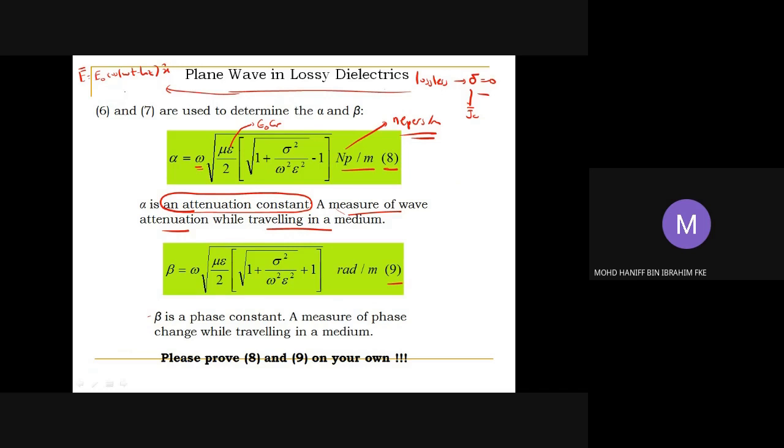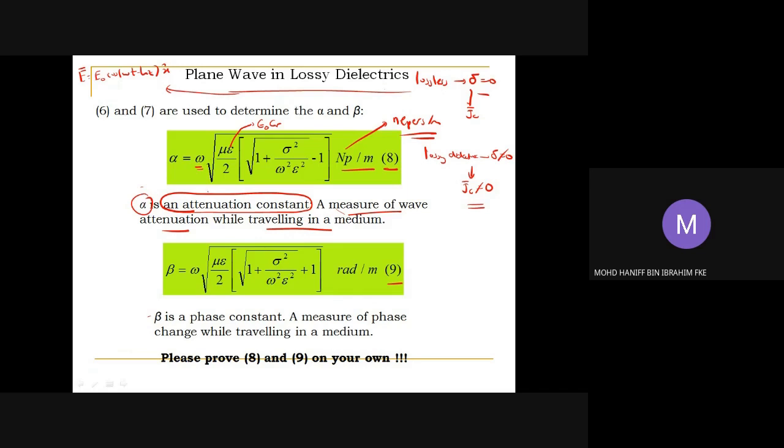But when we consider the case of lossy dielectrics, where sigma is not equal to 0, then J_c is also not equal to 0, and this will incur losses in the medium, in which the losses are characterized by this value of alpha.